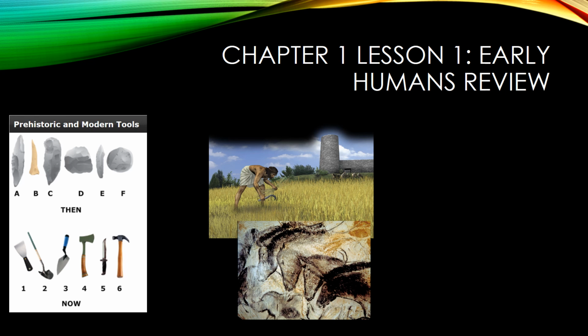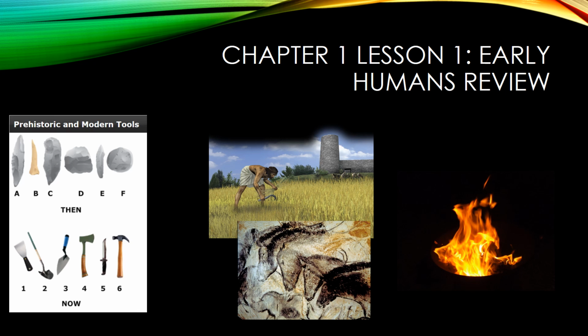They were artists, they were painters, interested enough in the world around them to leave something behind for those who would come after them. And finally, they discovered fire, one of the most important discoveries of all time, which allowed them to develop more rapidly as modern civilized humans.